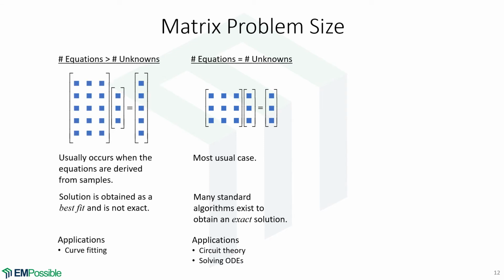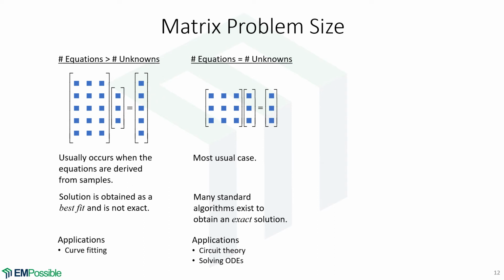There are times where we have more equations than we have unknowns, in which case our A matrix is rectangular and it's tall, but not as wide horizontally. Our column vector on the right is tall, but it's still just a column vector. The column vector that's multiplying our A matrix is shorter than the B matrix over here.